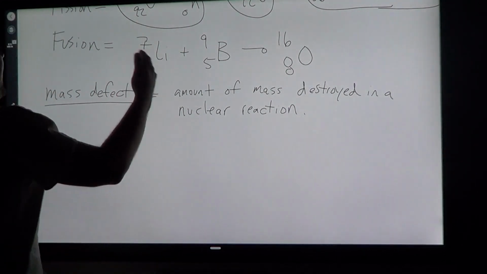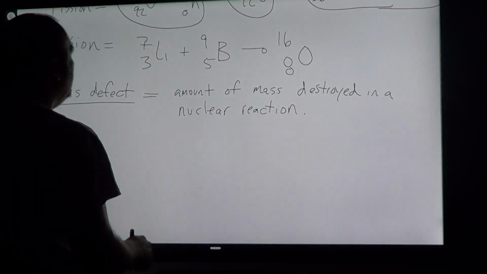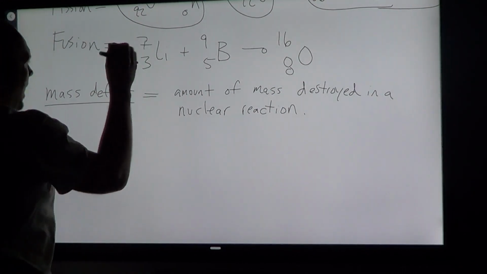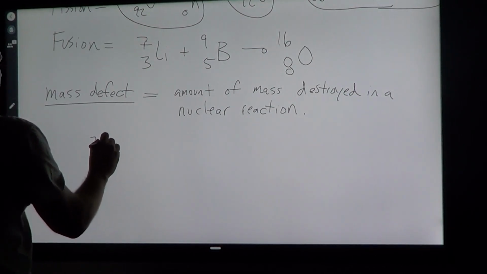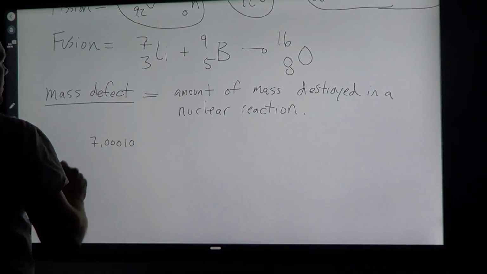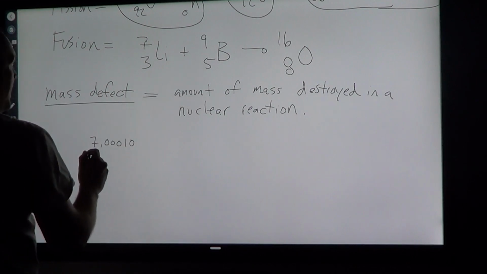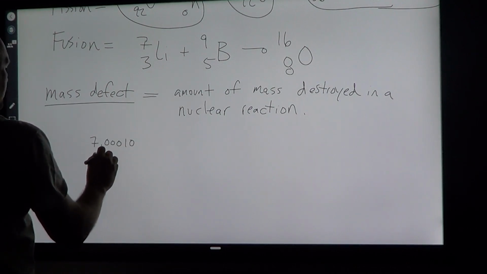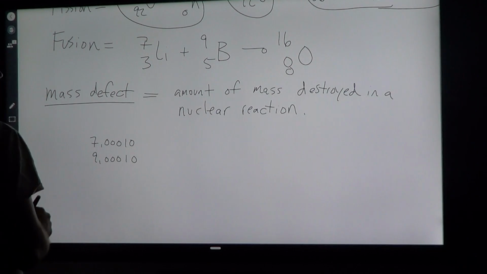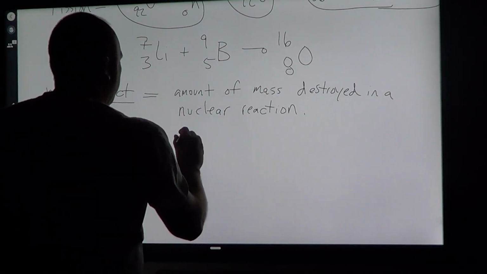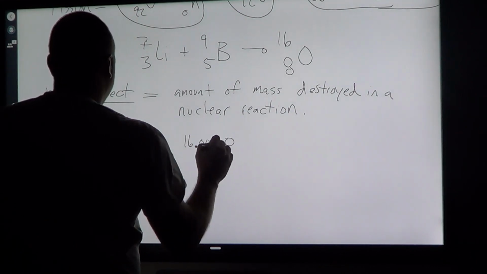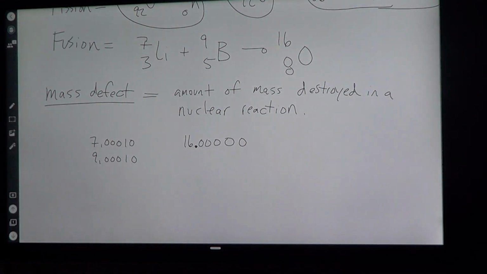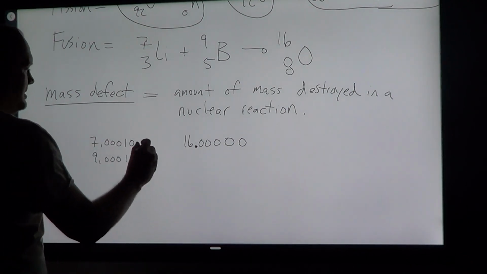Okay? What happens during one of these reactions is that if you actually calculate the exact mass of this lithium atom, it might be 7.00010. The boron might be 9.00010. But this oxygen might be 16.00000. And so if you look at these two numbers, these are not equal.